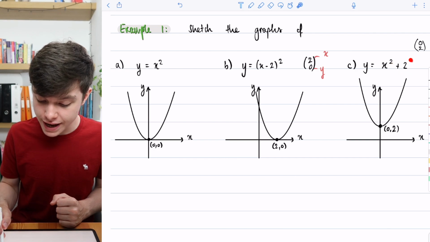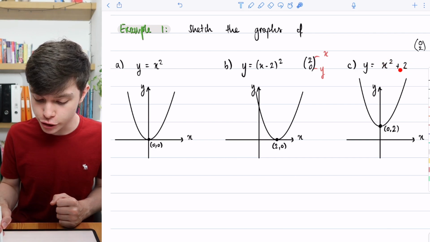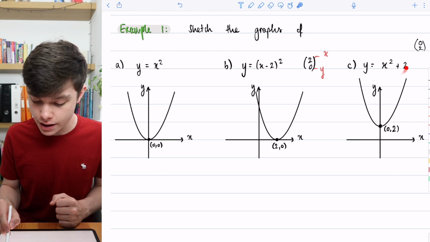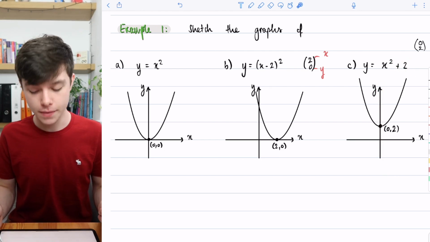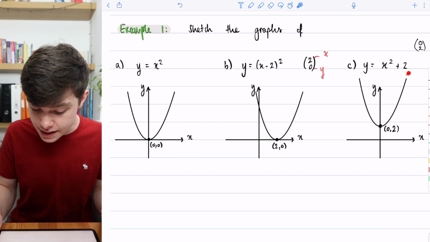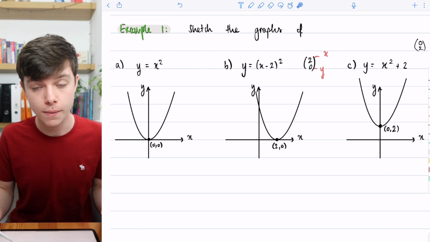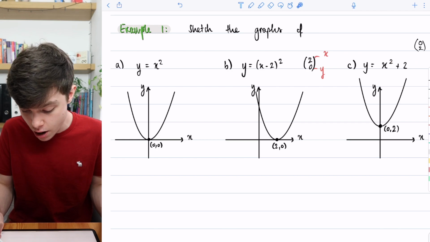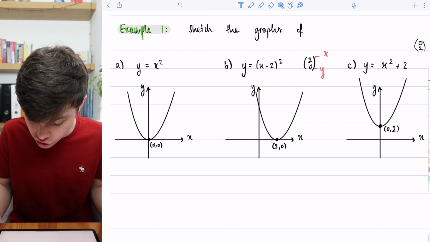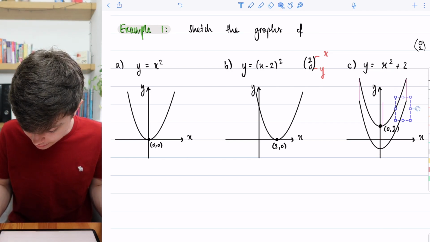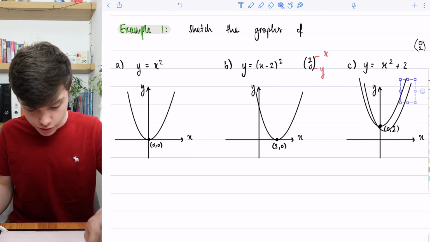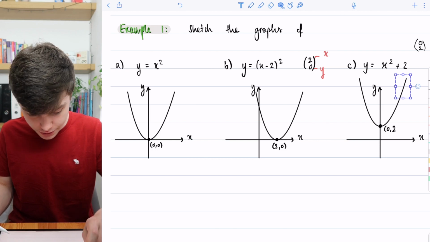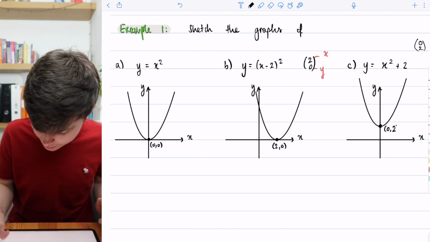And then if we're just on the end of the function, so x squared plus 2, we're not inside the bracket here, we've just got a +2 on the end, we do something in the vertical direction. In this case it was positive, so we move up 2. Okay, if it was -2 here, we would have moved down 2, so it would have looked something like that. Okay, we would have moved down 2, but it was positive, so we stick with that. Let's add the bracket back on.